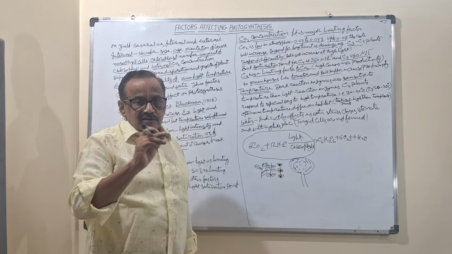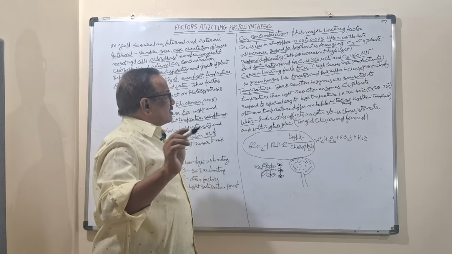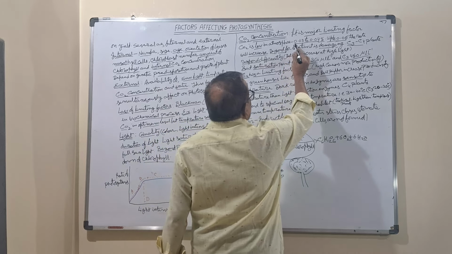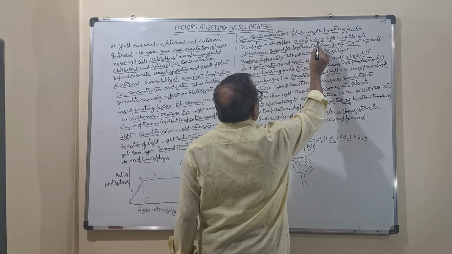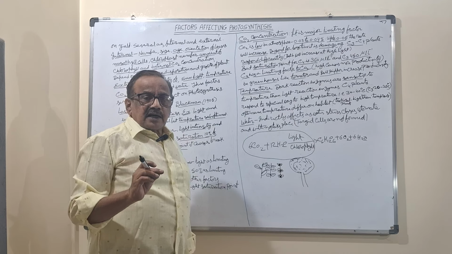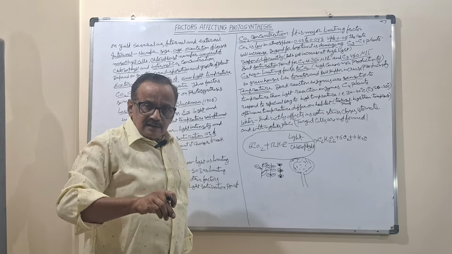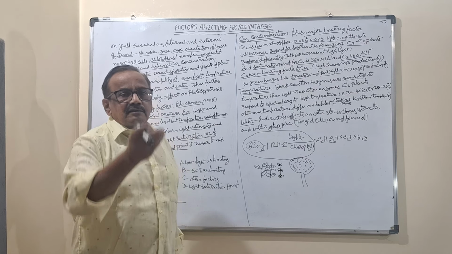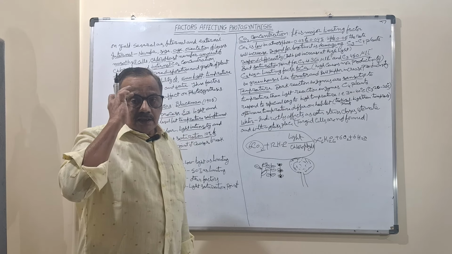We will discuss it in photorespiration. So 0.03 to 0.04% of carbon dioxide is present in the atmosphere, and the plant has to take only that carbon dioxide for photosynthesis.